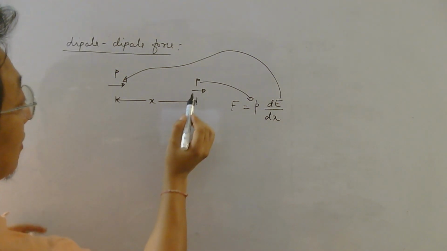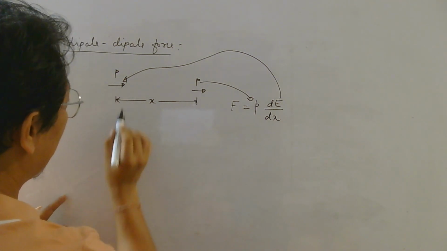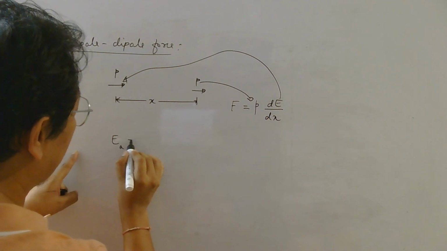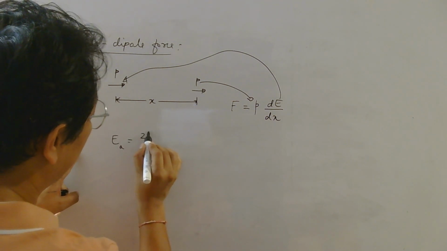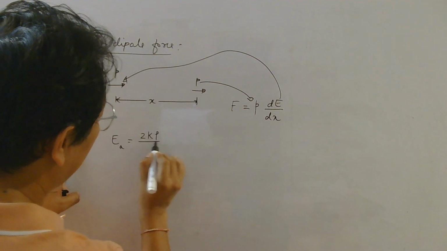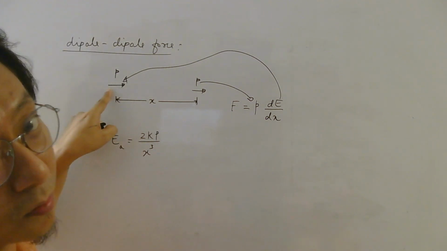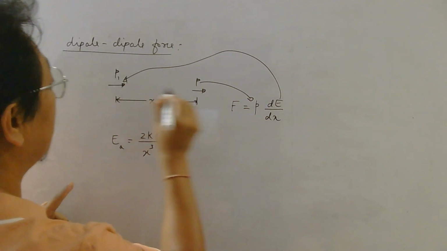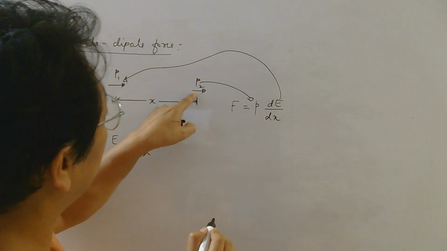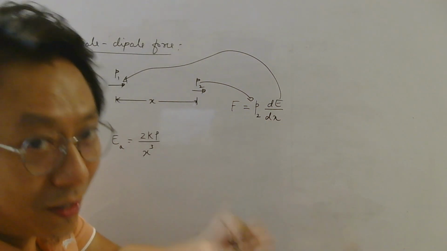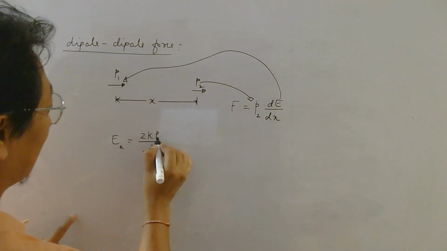Now what is the electric field here due to this dipole? This is the axial line for this. So for the axial line, what is the electric field? 2kp by distance cube. Remember, this P is for this dipole. So if I write P1, P2, the one which is feeling the force is this dipole, and the one creating the electric field is this dipole.